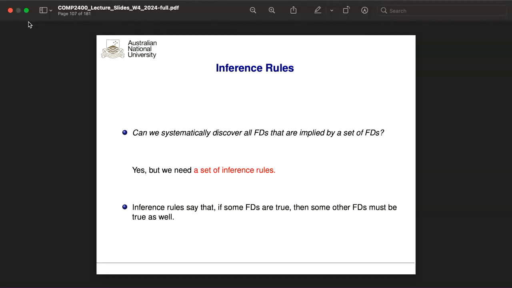That means we need some rules to help us. The rules basically mean if we have some function dependencies that are true, whenever those function dependencies hold on a relation schema, then by applying those rules, we can get other function dependencies. They must also be true.